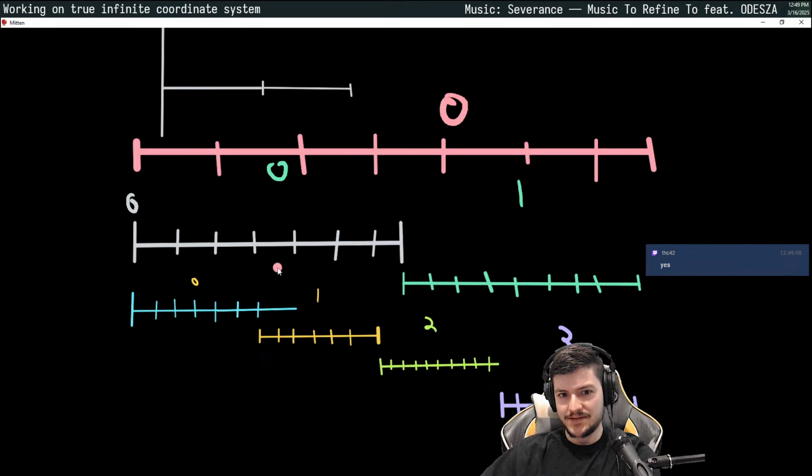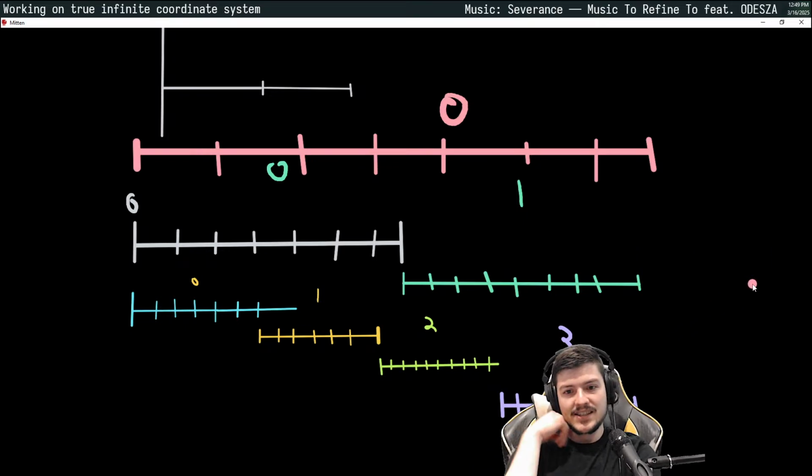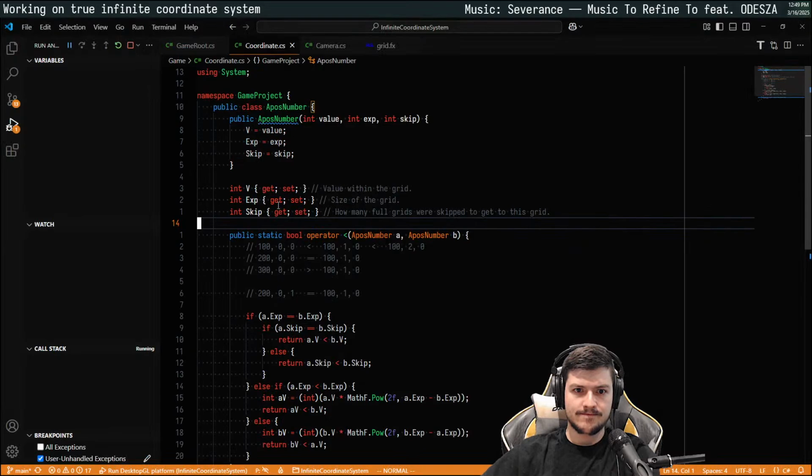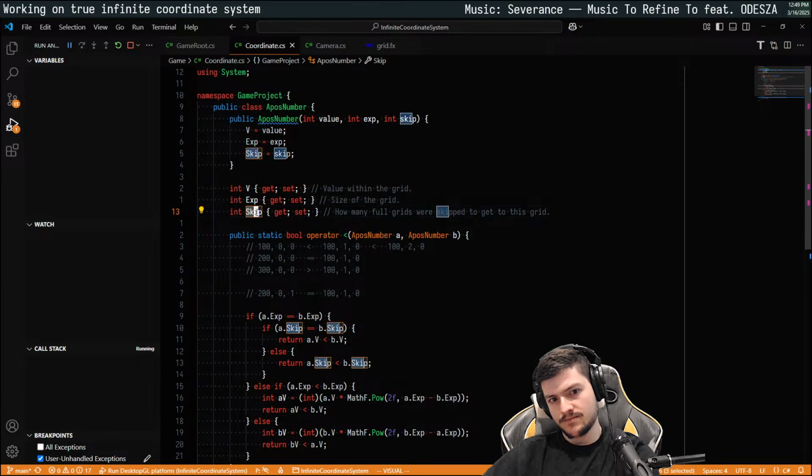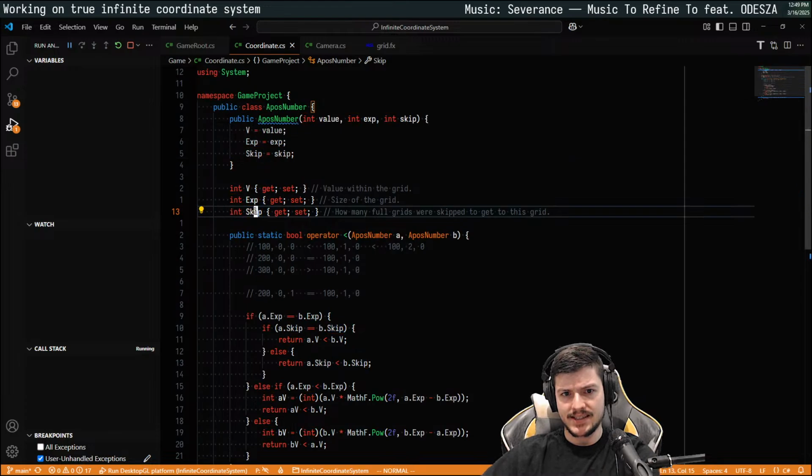Damn, there's so many different units. 0, 1, 2, 3. I wonder if it's hard because the skip doesn't make sense.